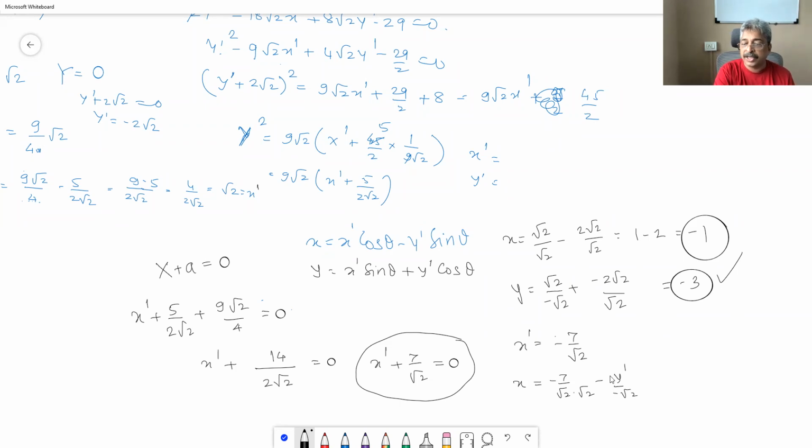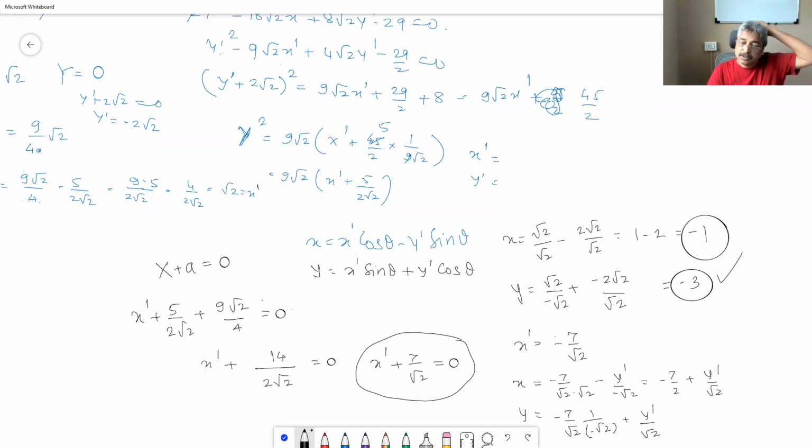That is your value of x in terms of y dash, which after simplification we can write minus 7 by 2 plus y dash upon root 2, and your y is equal to x dash, which is minus 7 upon root 2, sin theta is minus root 2, 1 upon minus root 2, and plus y dash upon root 2.